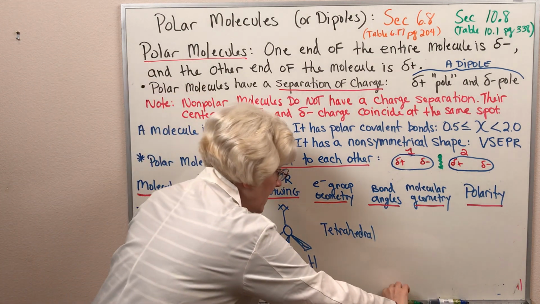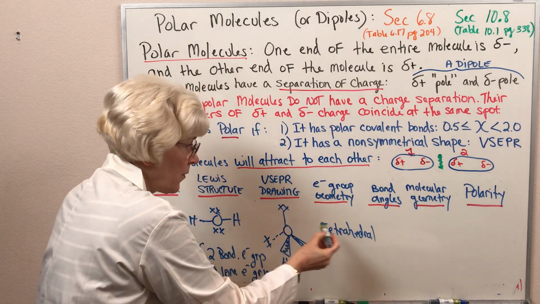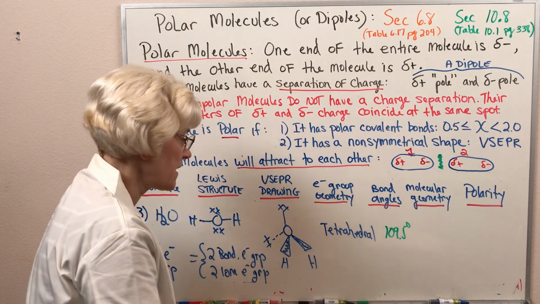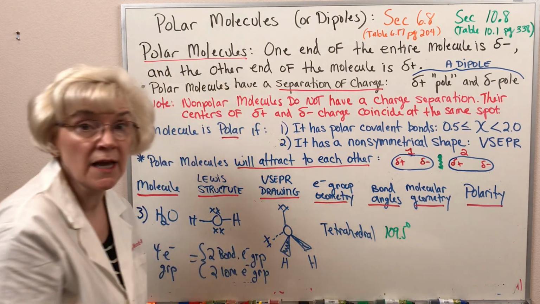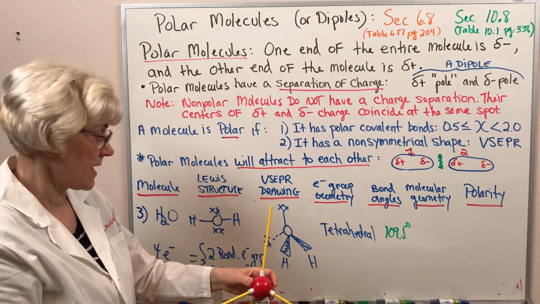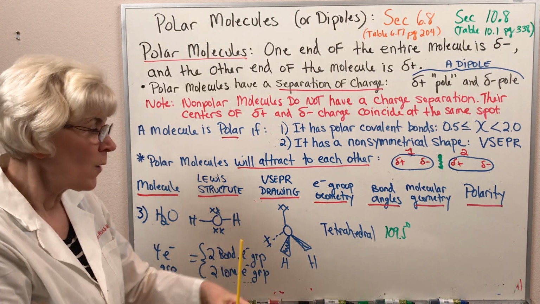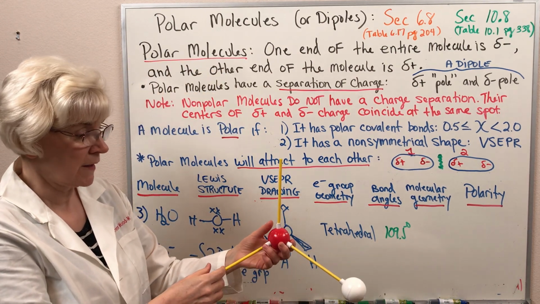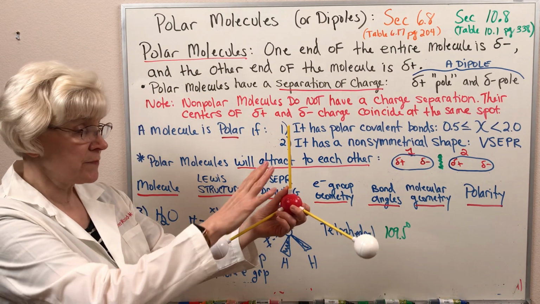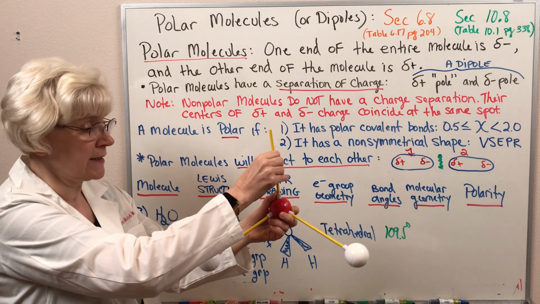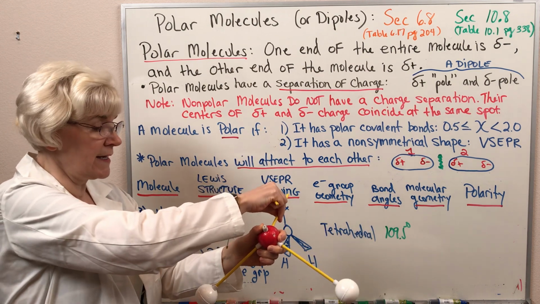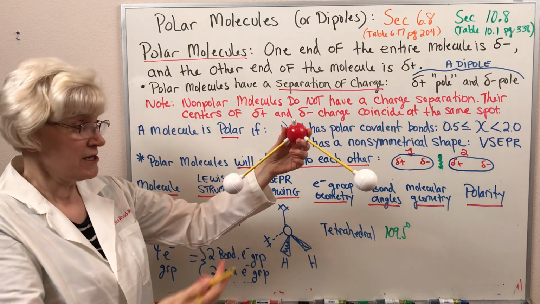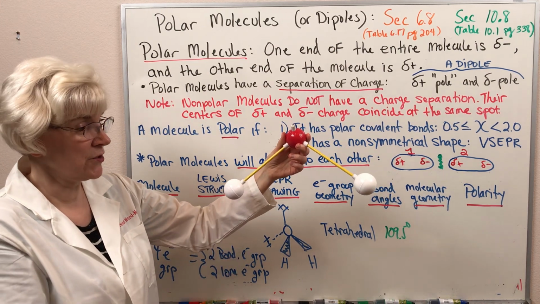We know that bond angles here are 109.5. You see those bond angles whenever the electron geometry is tetrahedral. What does the molecular geometry look like for the molecule? Well, again, the lone electron pairs are there repelling, but they don't have enough density to actually get their photo taken if you took a picture of the molecule.